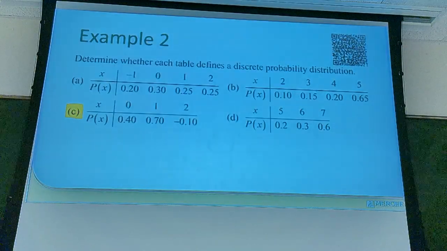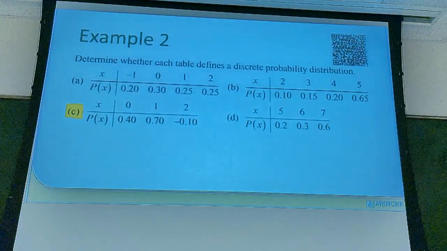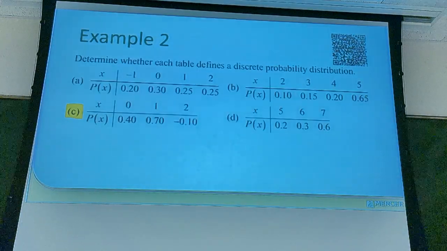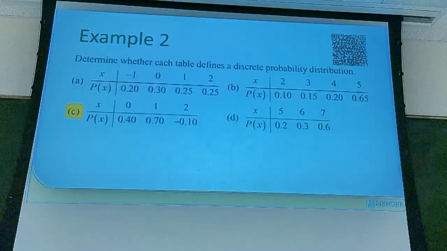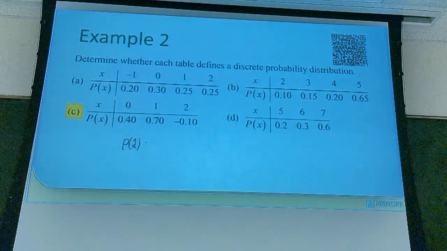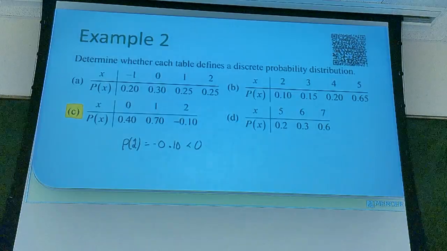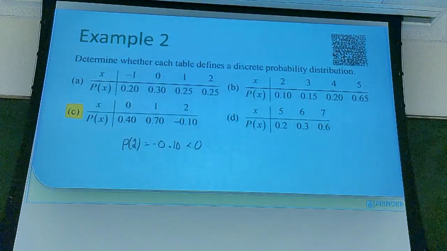This one was really easy. Easiest condition to check: are they all between 0 and 1? No. The probability of 2 is negative.